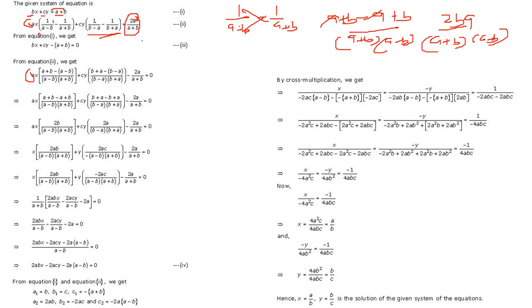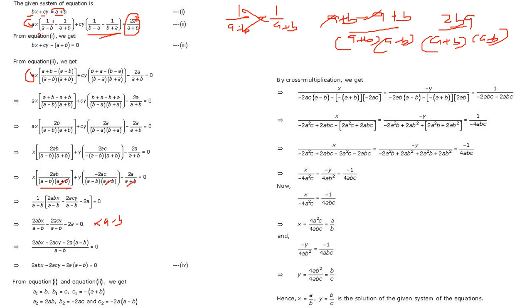So now this is your equation. Finally when you try to resolve it, you can take 1 by A plus B common, and A plus B will go. So finally you will find this one, and then you can multiply this whole by A minus B. So you get 2ABX minus 2ACY minus 2A into A minus B, right?